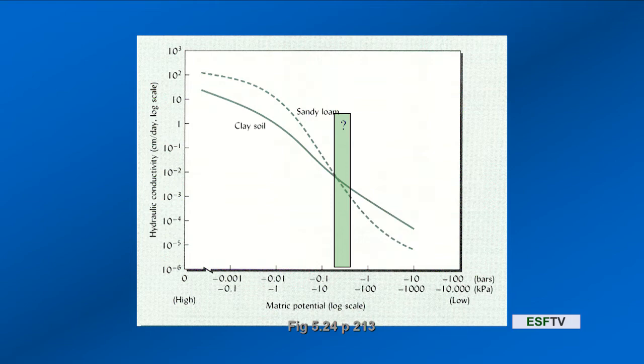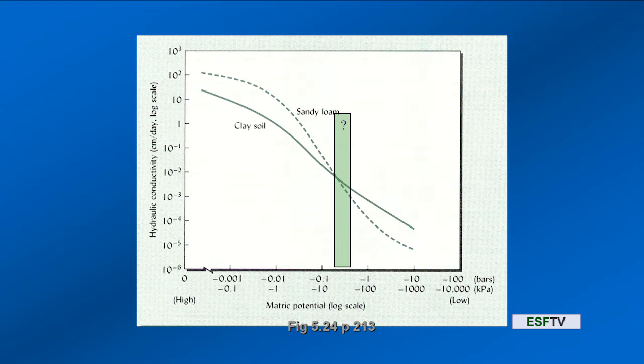So this graph says that the effective hydraulic conductivity by texture changes from saturated to unsaturated flow. Pretty amazing graph. This shows us saturated flow, where all the macropores are filled with water, on the left-hand side, and the sandy loam has a much higher rate of hydraulic conductivity.